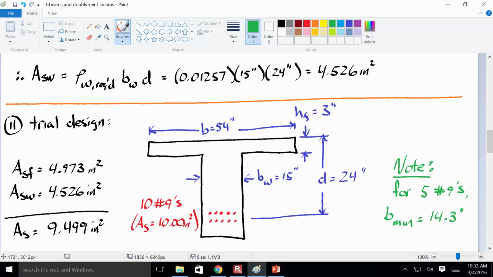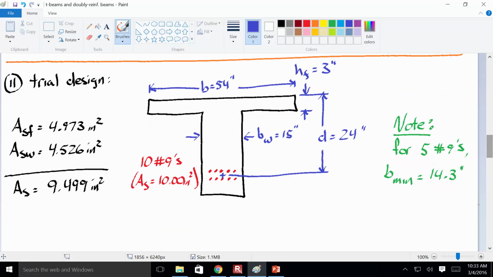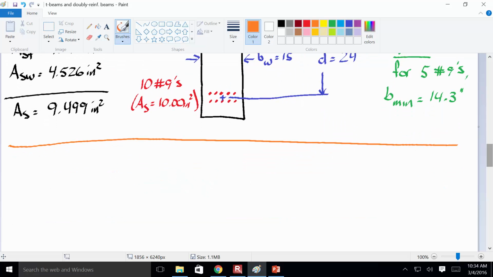So there's nothing wrong with using 2 layers of steel. And maybe one thing I should do is indicate that the d distance is to the centroid, the center of that group of steel. Everybody okay with this? The last thing that you need to do is there's that one assumption you need to verify.